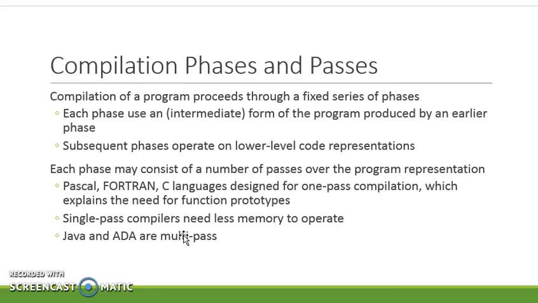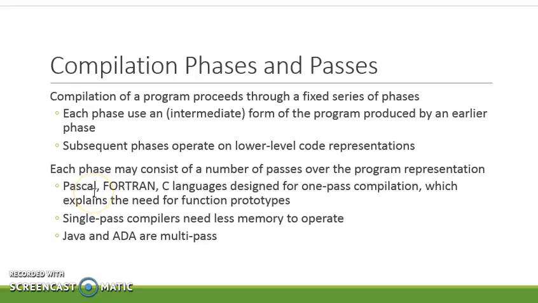The compilation process is carried out in different phases and passes. The compilation of a program proceeds through a fixed series of phases, in which each phase uses an intermediate form of the program produced by the earlier phase, and the subsequent phases operate on lower-level code representations. Each phase may consist of a number of passes over the program representation.